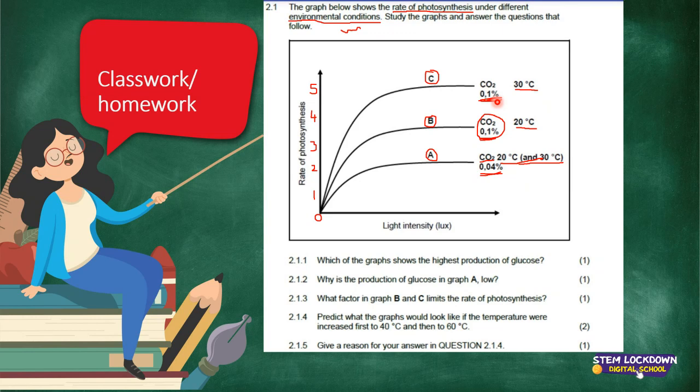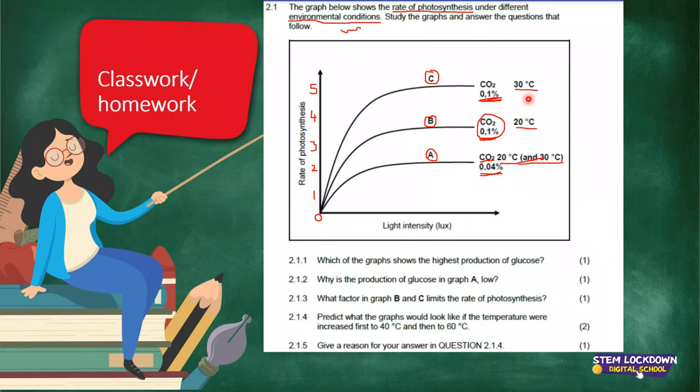So the carbon dioxide concentration is the same, but looking at another factor that influences the rate of photosynthesis, which is temperature. Graph C takes place at 30 degrees Celsius, and the temperature of graph B is at 20 degrees Celsius.